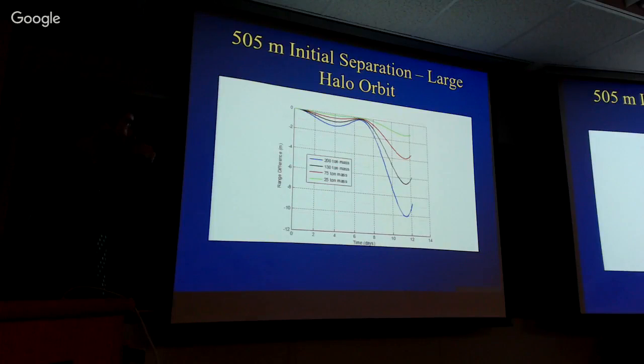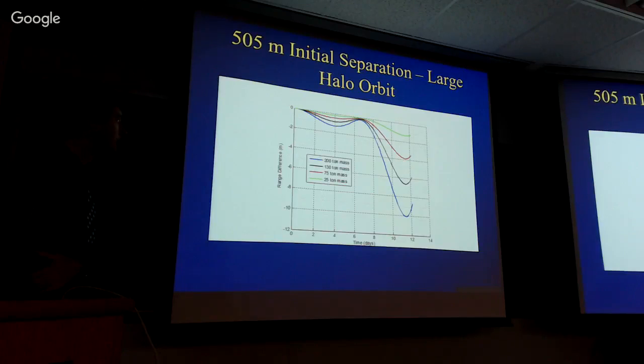And this figure shows the range difference between the baseline case and the cases with masses. So it's just simply taking the range of the spacecraft when there is a mass and subtracting it from the case when the spacecraft is traveling alone.